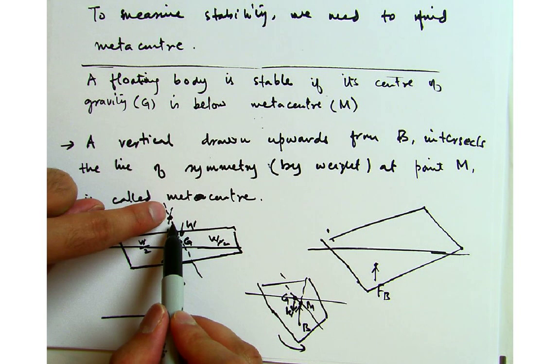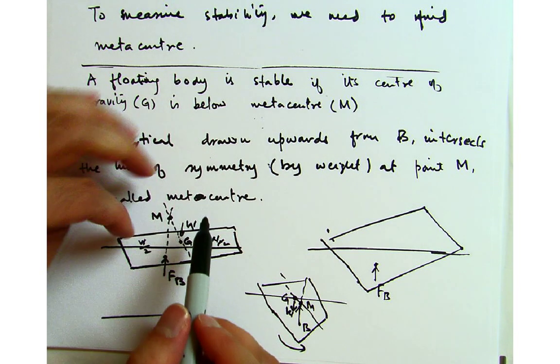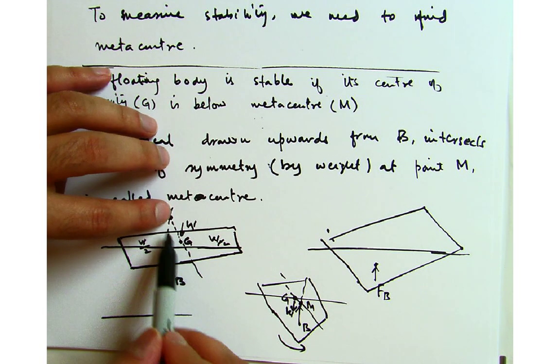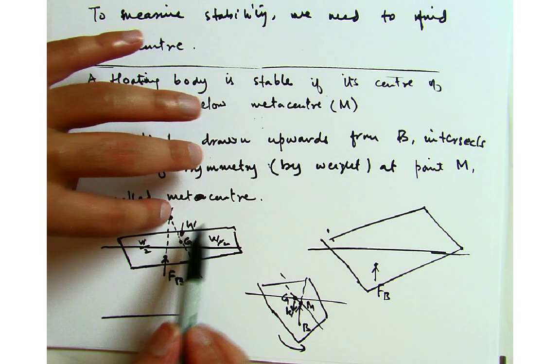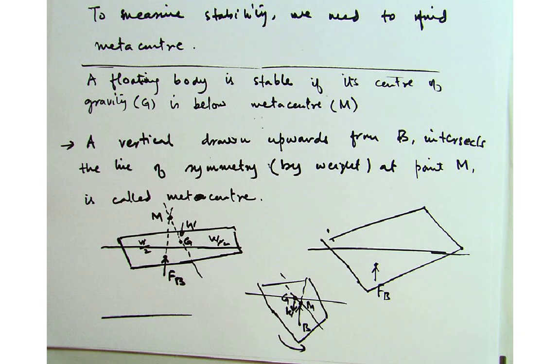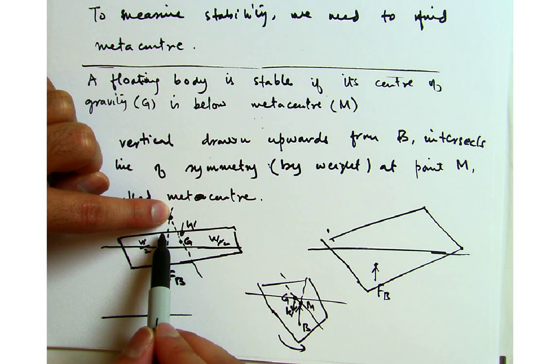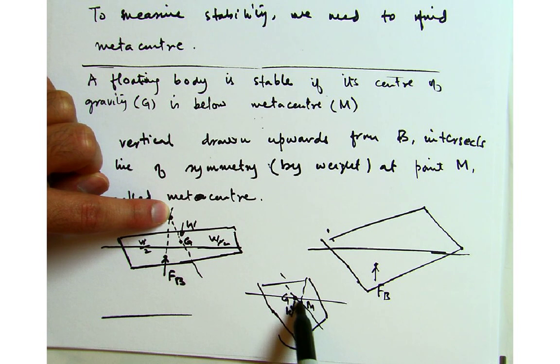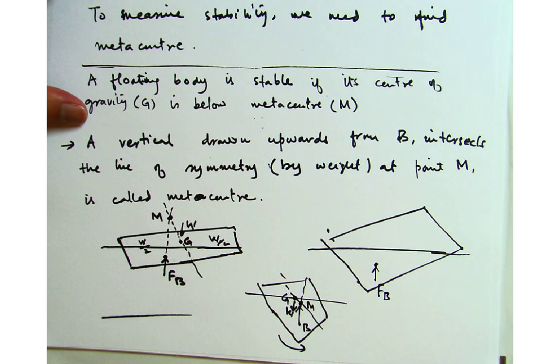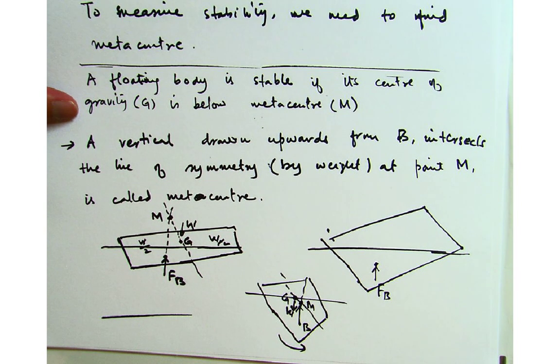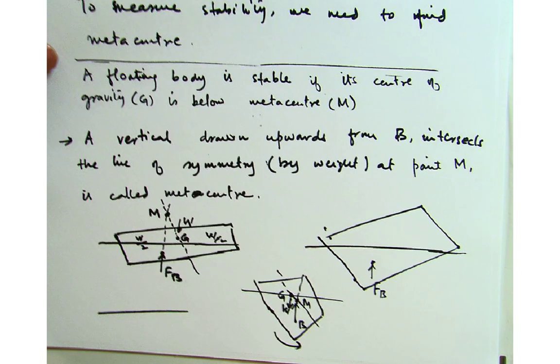Even if you create a small disturbance, the weight will try to restore it back to its stable position. That's why as long as M is above G, it will be stable, and once M goes below G, it will become unstable. That is the definition, but we will look at how we actually find this metacenter.